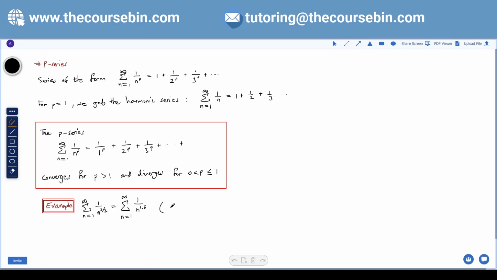So this is divergent, or sorry, convergent, I mean. So convergent by p series, since p equals 1.5, which is greater than 1.